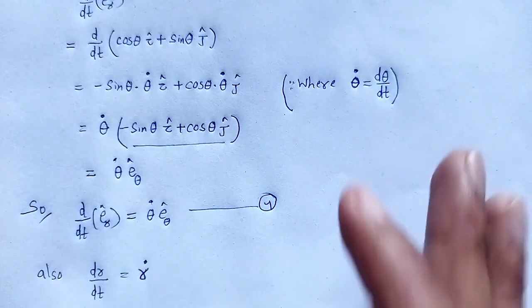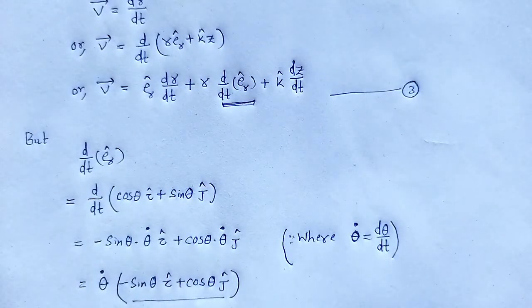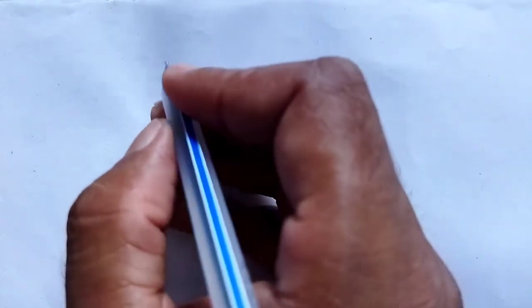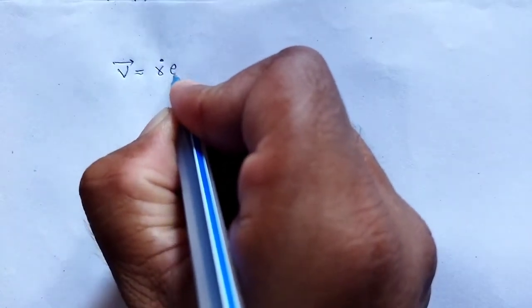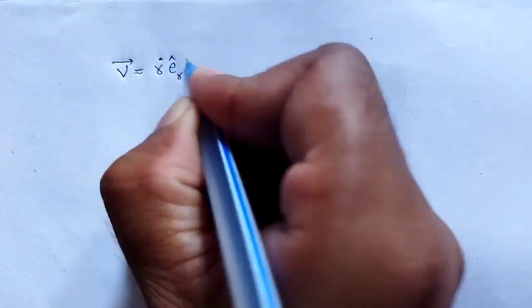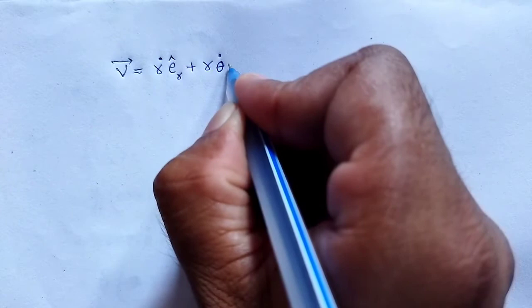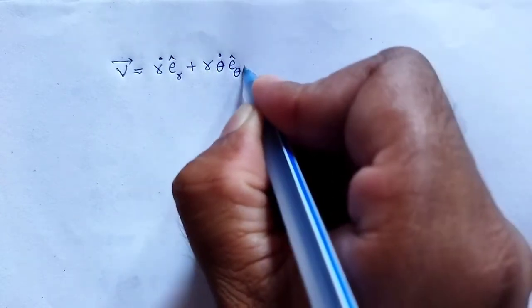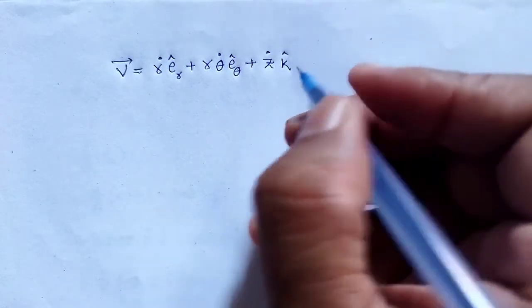Now put these values in our respective equation 3. Then equation 3 changes to v vector is equal to r dot e r cap plus r theta dot e theta cap plus z dot k cap.